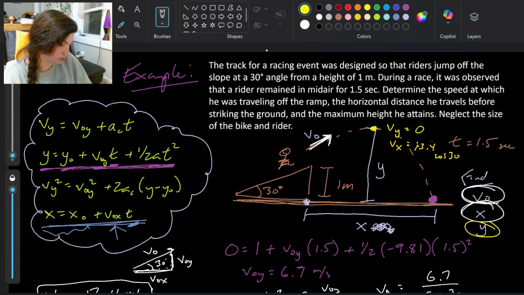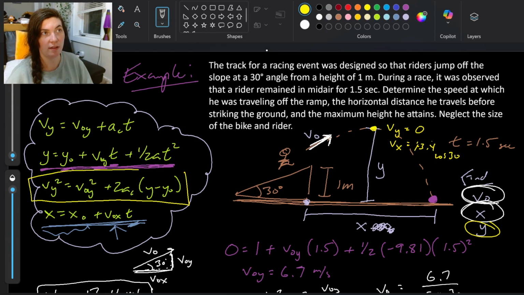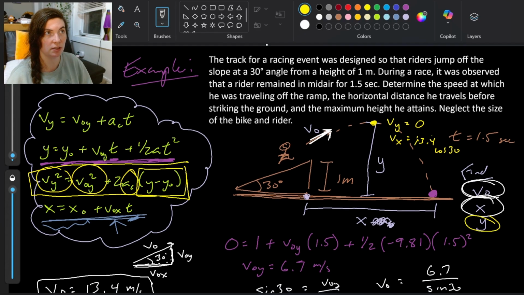Now, truly, you could do this in several different ways. I'm going to use this third equation. We haven't used this guy yet. I know what my end velocity is. I know what my initial velocity is. I know my gravity acceleration. What I don't know is this change in y, and that's what we're interested in finding.